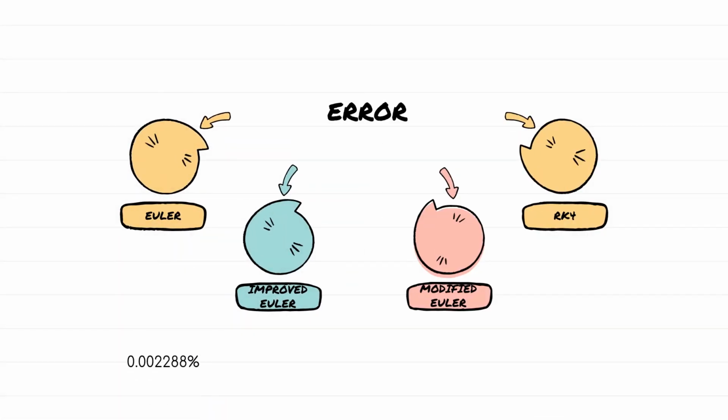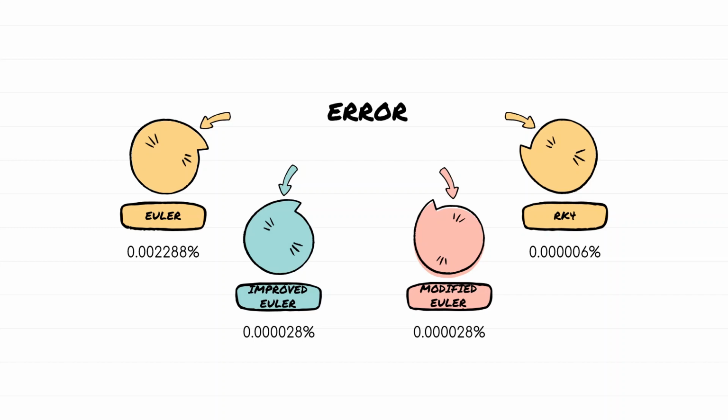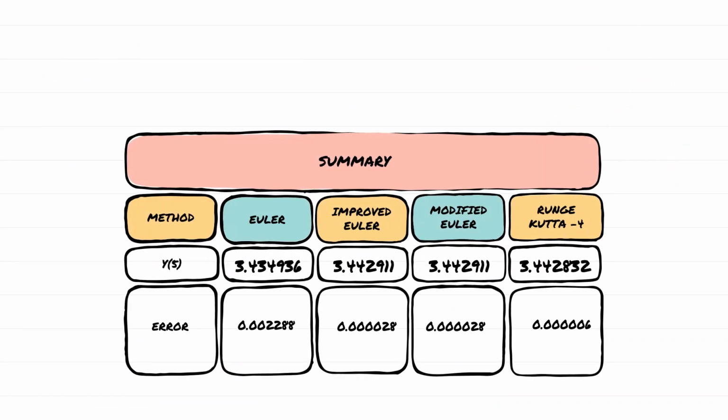We find that the Euler method has 0.002288% of error, the improved Euler method has 0.000028%, the modified Euler method has 0.000028% of error, and Runge-Kutta has 0.000006%. So this is the summary. From the four methods we find y when t equals 5, and then we find the error of each method.